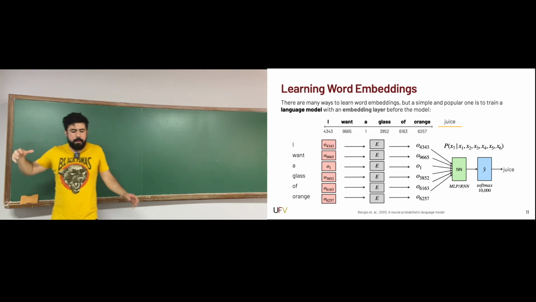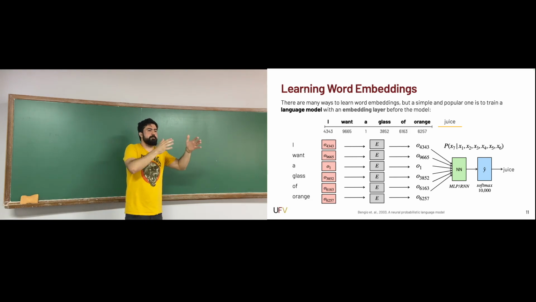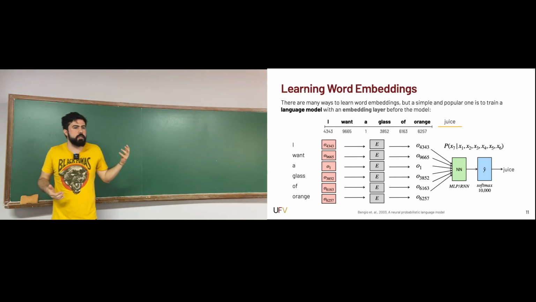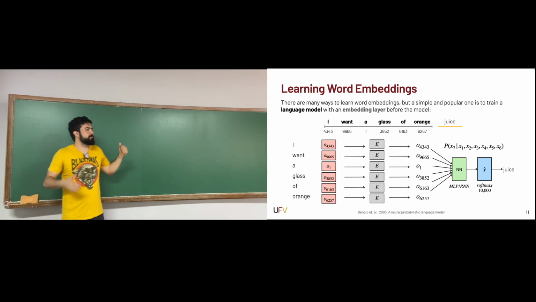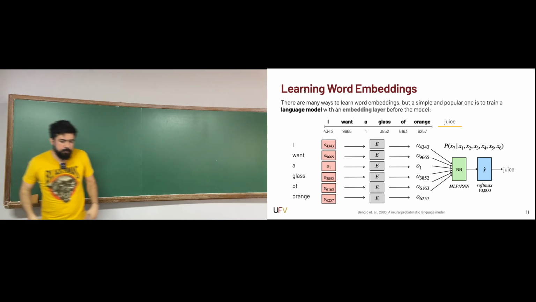The idea is very simple. You just add an embedding matrix before a neural network. Before processing the words, you add what you call an embedding layer. So look at the slides here.